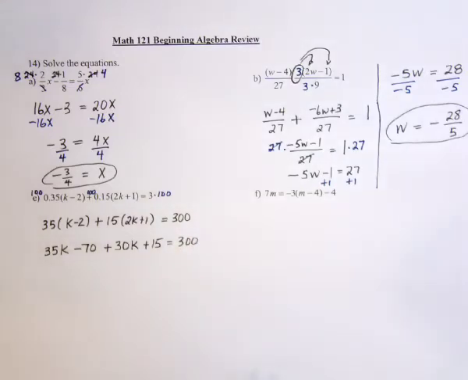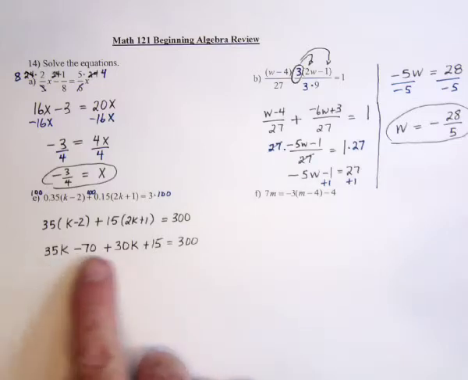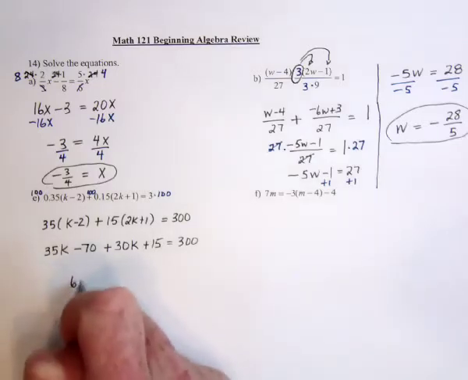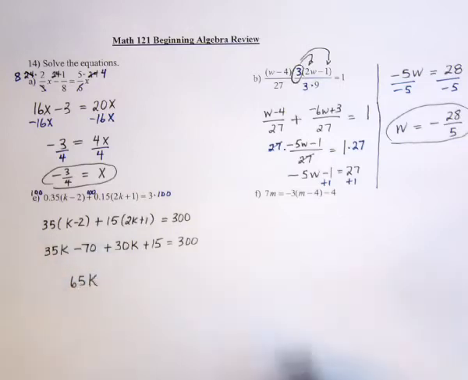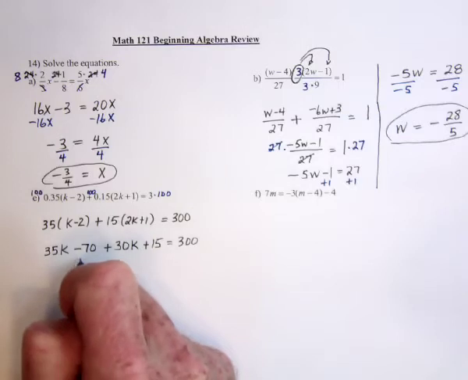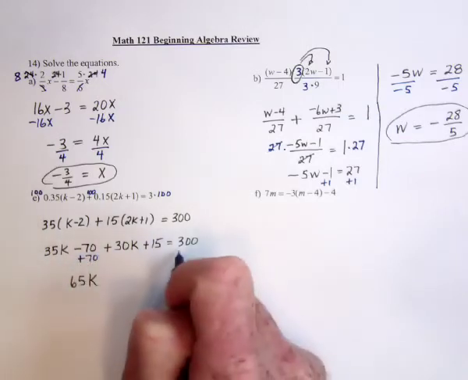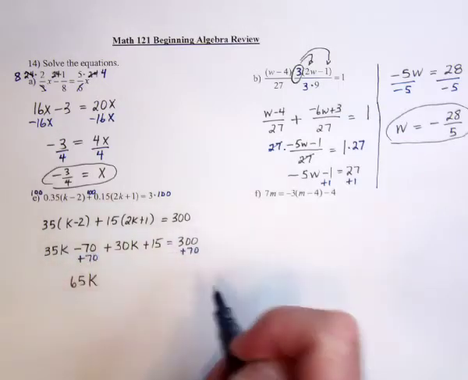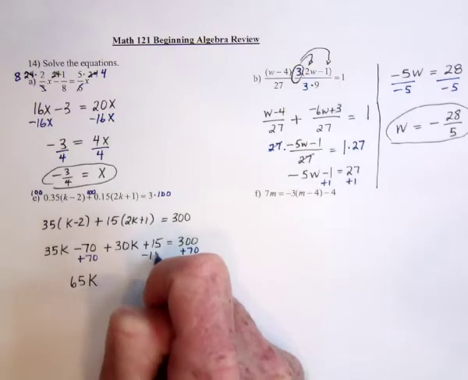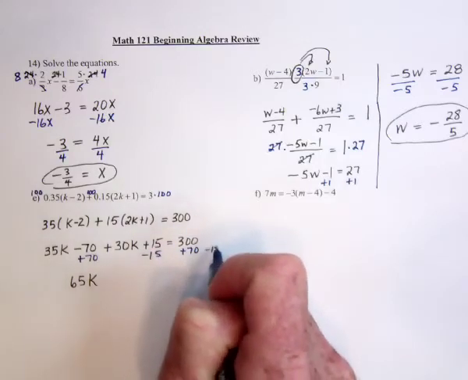Well, now I can combine like terms. For the k's, 35 and 30 makes 65k. I could get rid of the 70 by adding 70 to both sides. Get rid of the 15 by subtracting 15 from both sides.